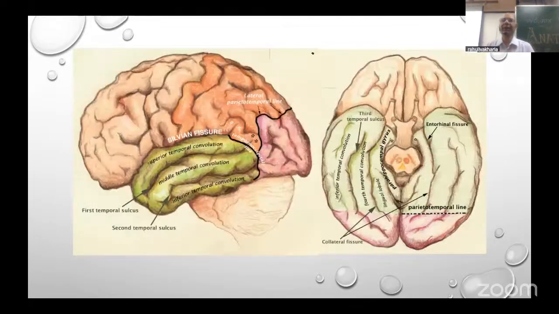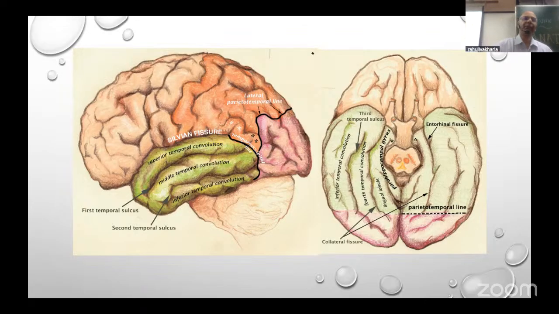You can see from this image that this is the Sylvian fissure. This is the gross anatomy, then we'll go into the MR anatomy. This is the Sylvian fissure here, and this is the superior temporal, or first temporal, sulcus. Between these two is the superior temporal gyrus. Between the first and the second temporal sulci is the middle temporal gyrus, and below it is the inferior temporal gyrus.